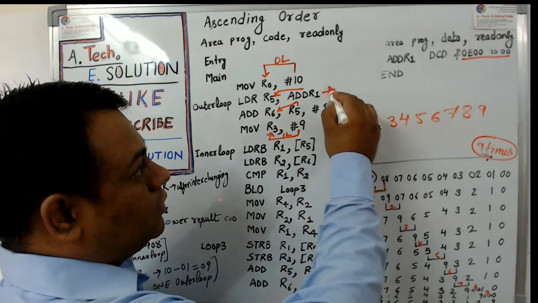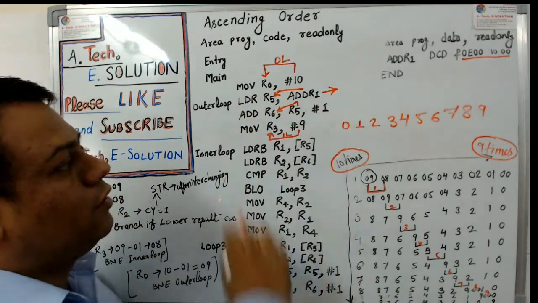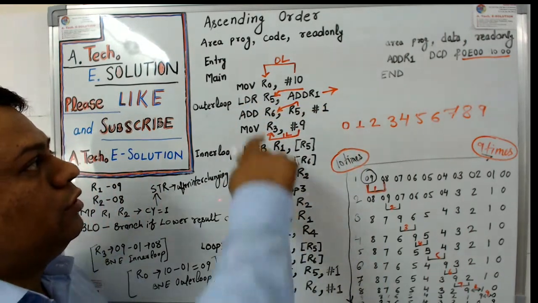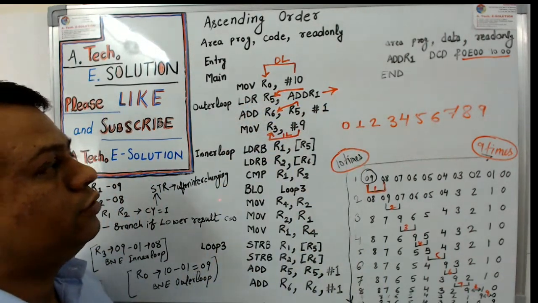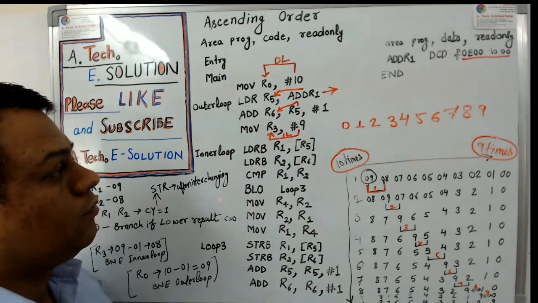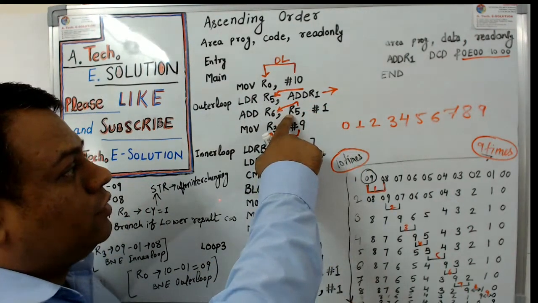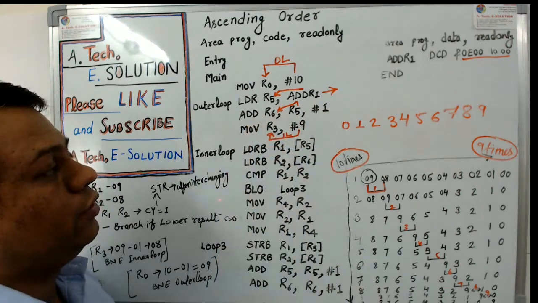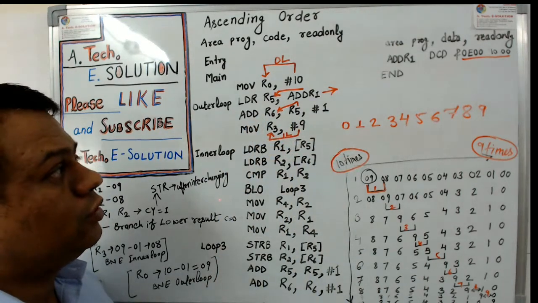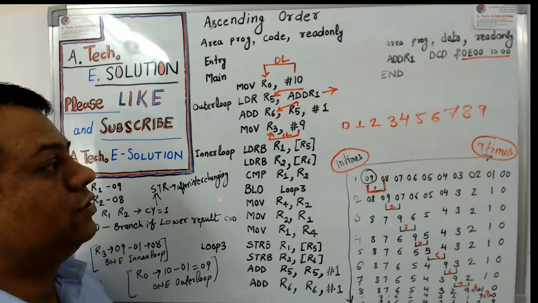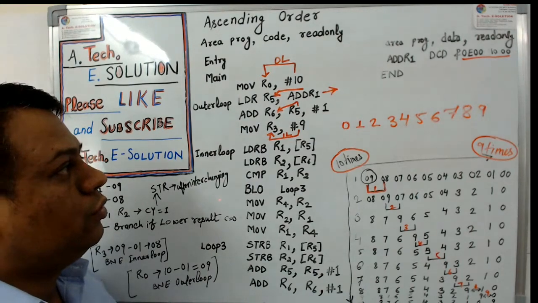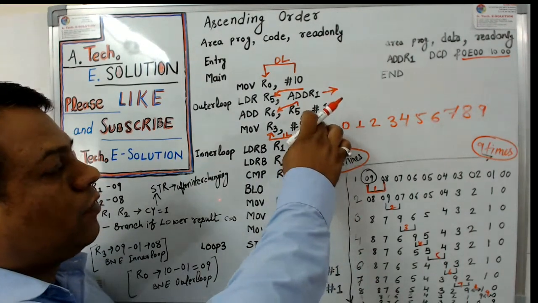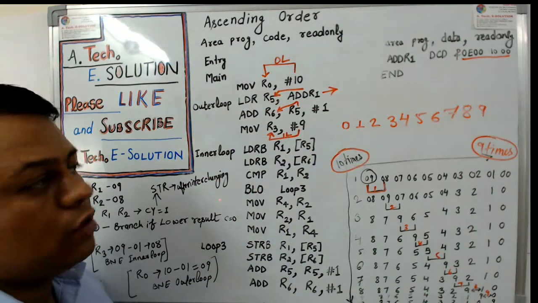Let us take an example. Address 1 is stored into the R5 register, and address 5 is incremented one time and the value is stored into the R6 register. In this manner we take the input of the numbers.